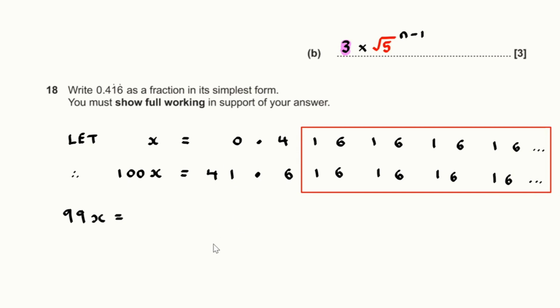So we are left with 41.6 take away 0.4, which is 41.2.